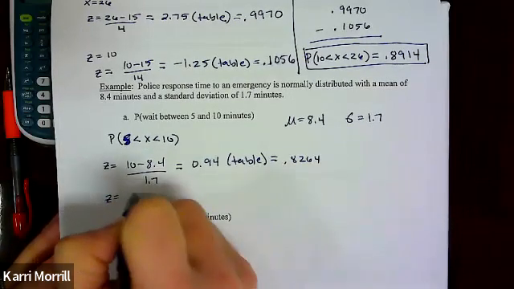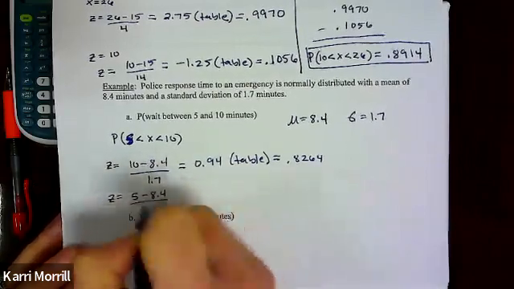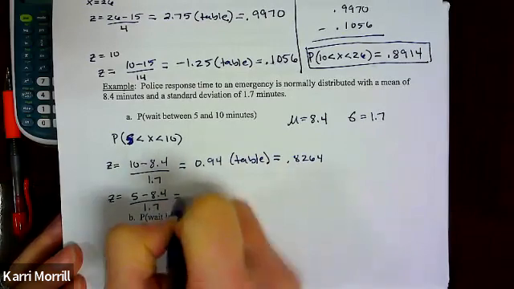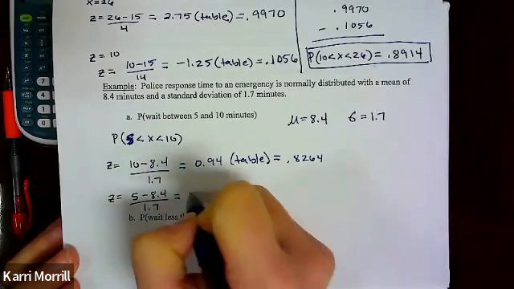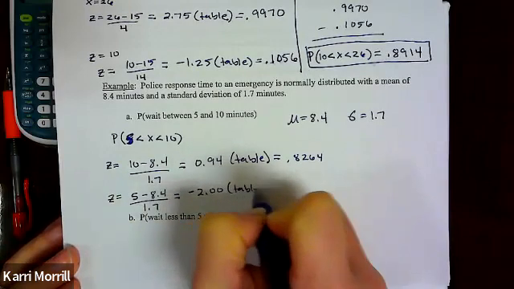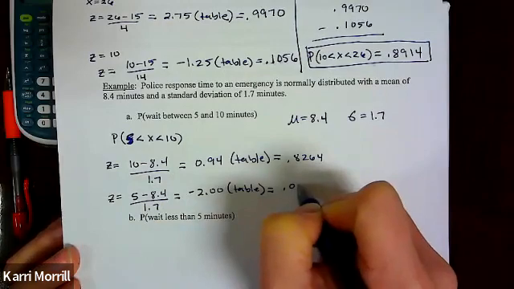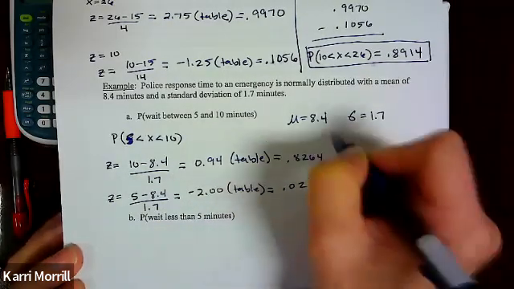In 5 minutes, so 5 minus 8.4 divided by 1.7 will be negative 2.00. So we go to our table, and the value you're going to get for that is 0.0228.